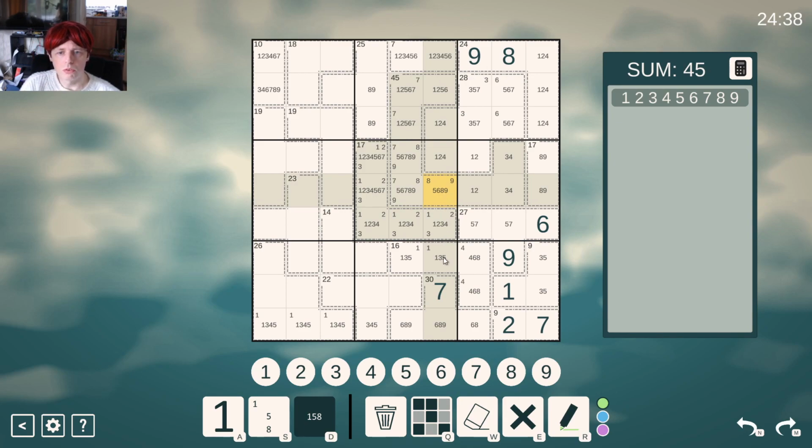There are only 2 cells that can be 8 and 9, aren't there? There's that one and there's that one, so that can't be 6 and that can't be 5 or 6. So we've got another 8-9 pair.